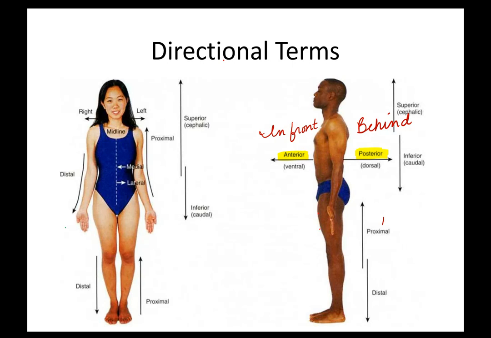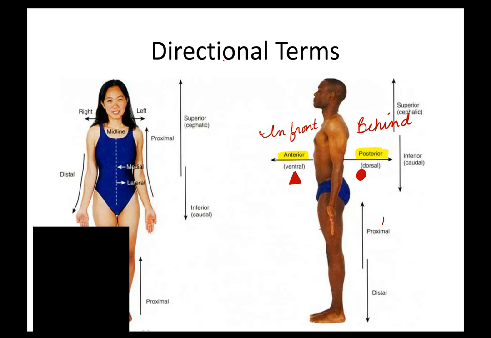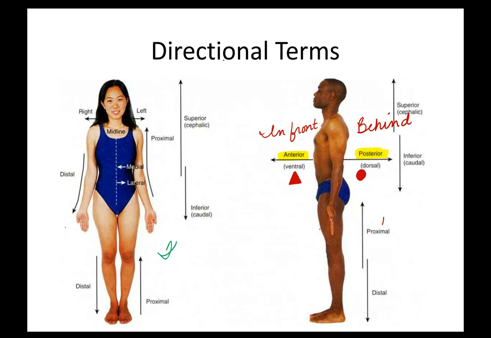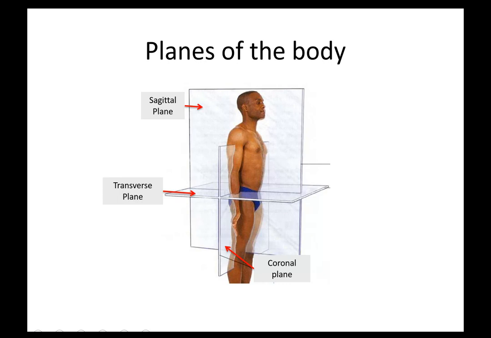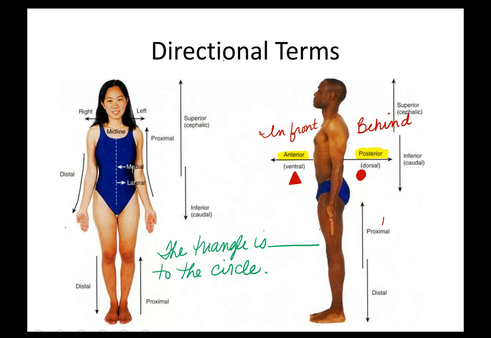Okay? So if I were to draw a triangle here and a circle back here, okay, so I've got the triangle here and I've got the circle back here. The triangle is blank to the circle. Is it in front of the circle or is it behind the circle? It's in front of the circle, right?